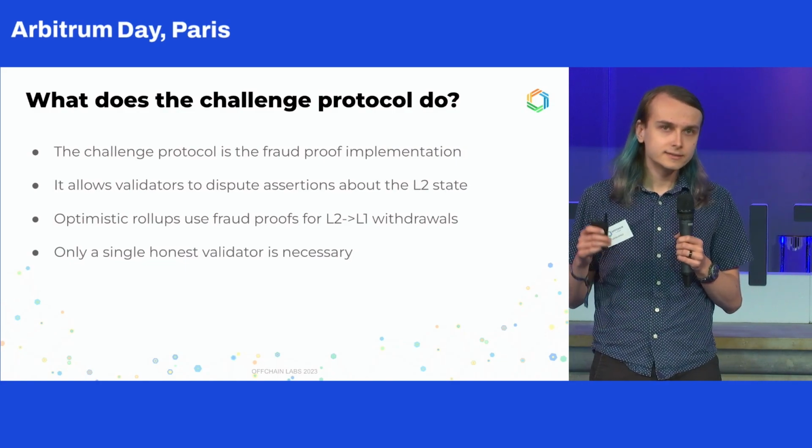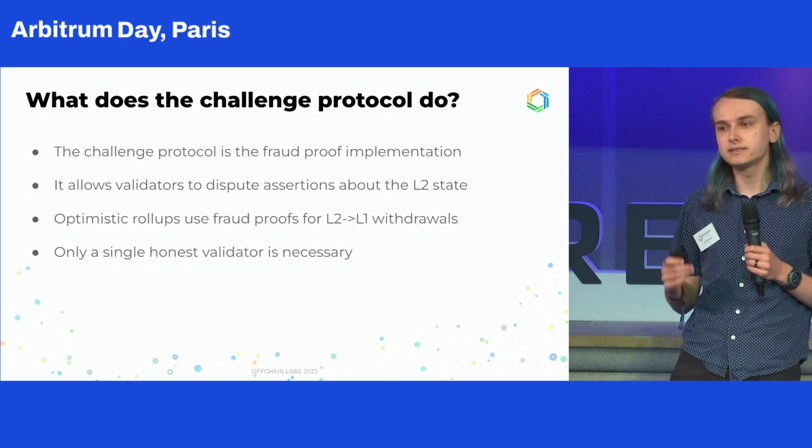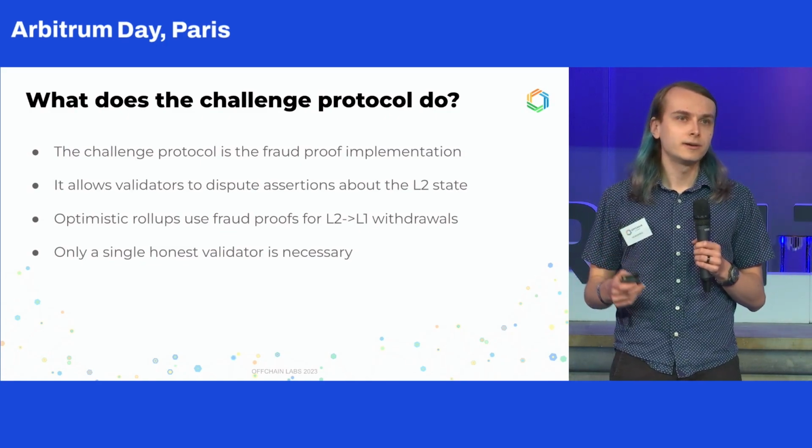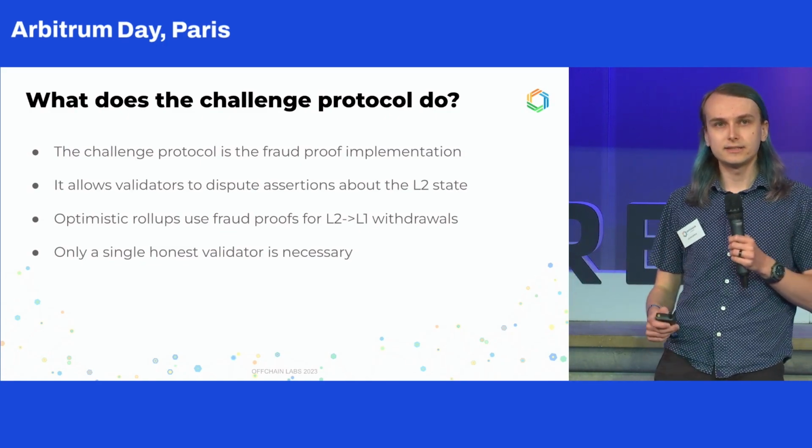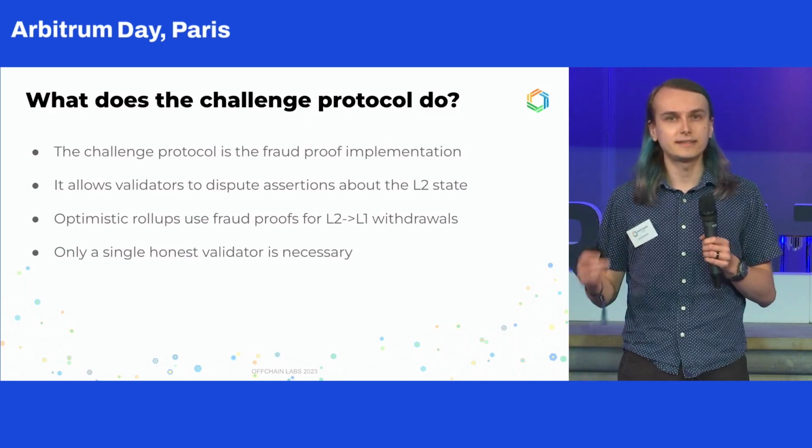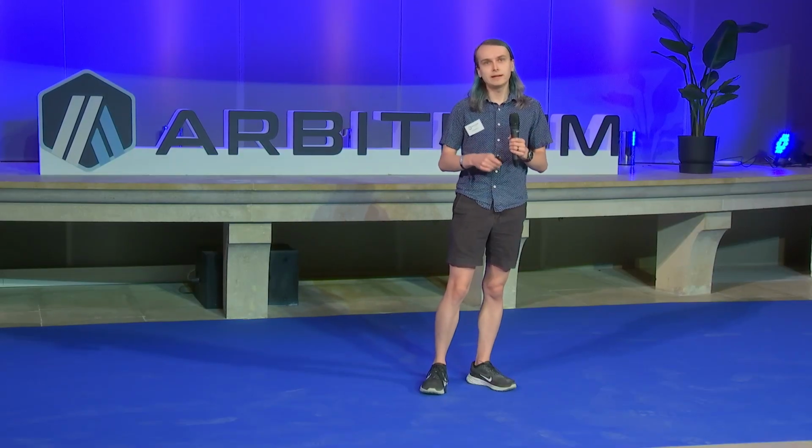And to do that, optimistic rollups use fraud proofs to allow any validator to assert a certain state has happened. A validator might assert that someone has one Ethereum on Arbitrum, and then any other validator can challenge it, and that challenge will reveal who is correct and who is incorrect, who's honest and who's malicious.